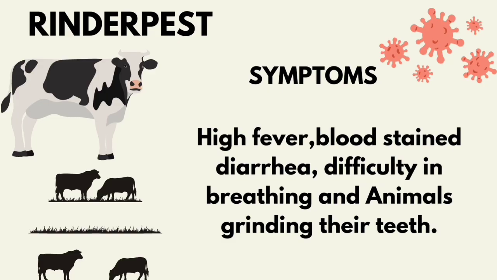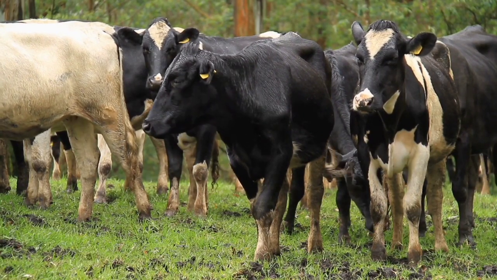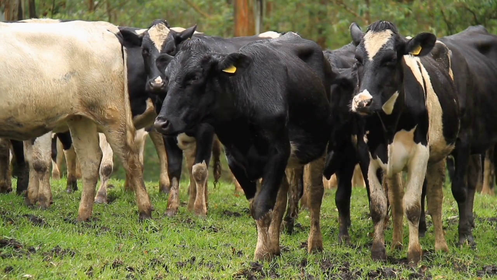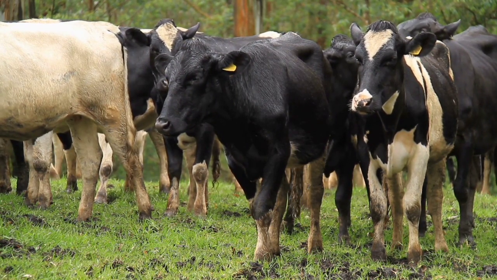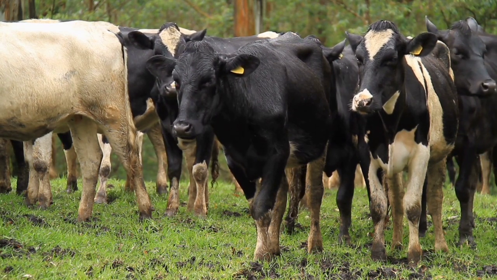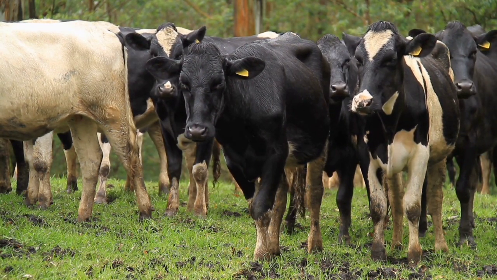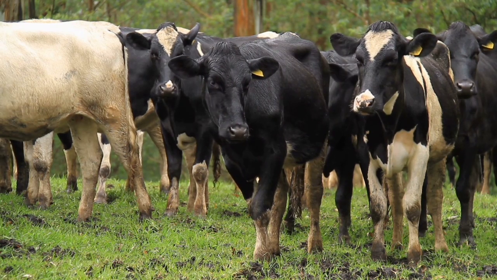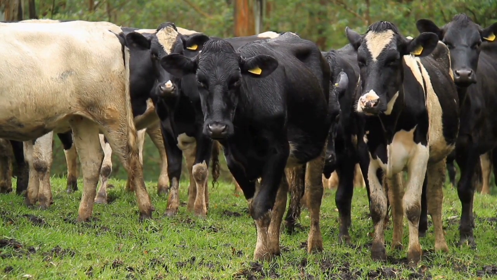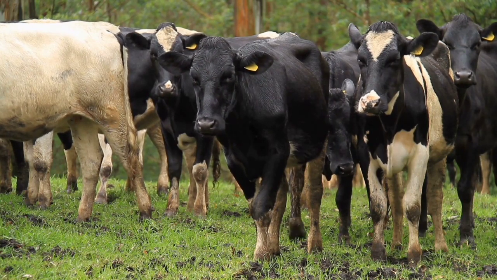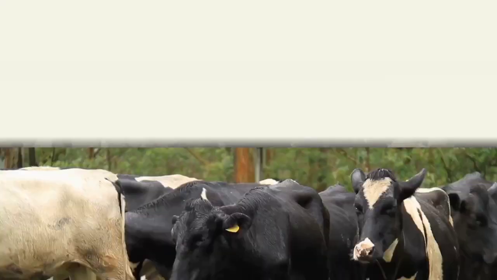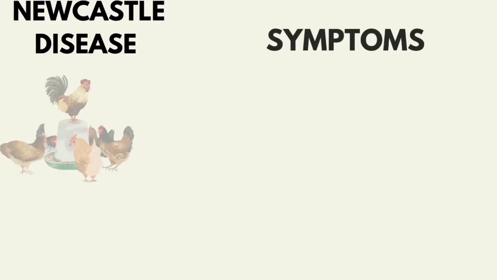The mode of transmission is by having contact with infected animals and eating contaminated food. The effect of this disease is death, and the control measures are vaccination, isolation, and also burying of dead animals deeply.